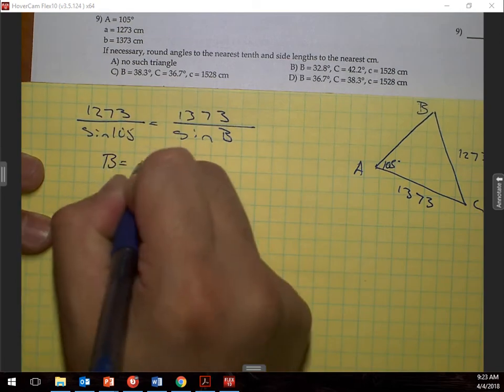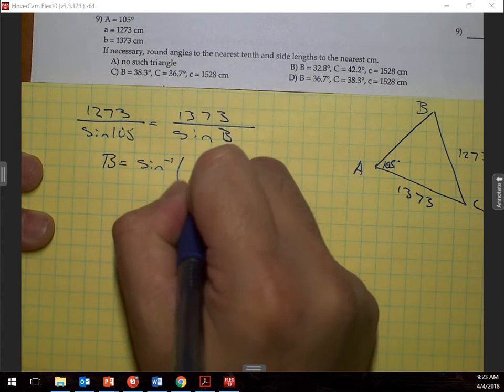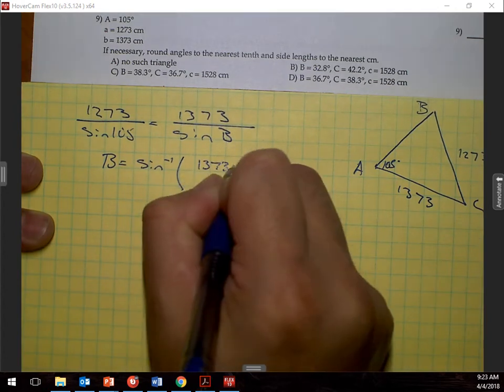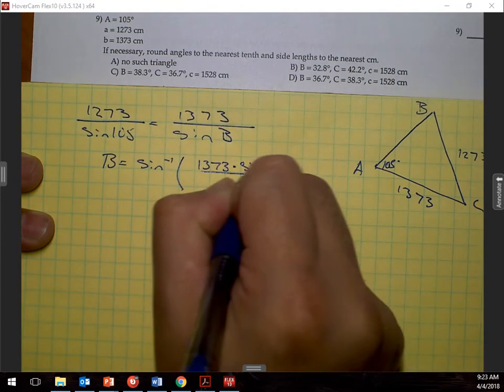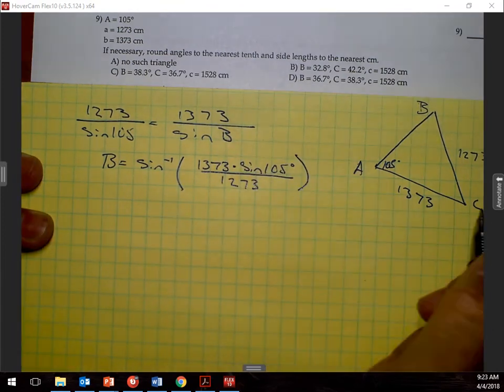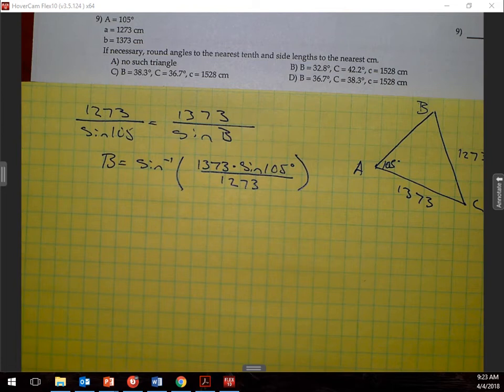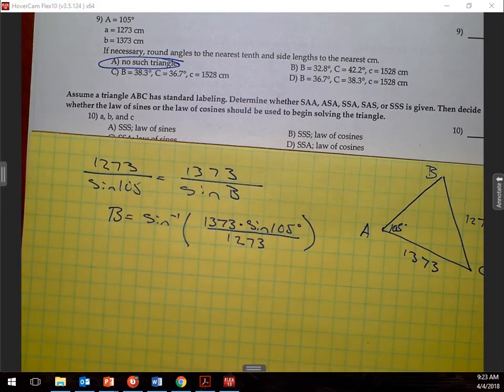B equals inverse sine of 1373 times sine of 105 divided by 1273. Undefined. So if it is undefined, what do I say? No such triangle. There we go. That was easy.